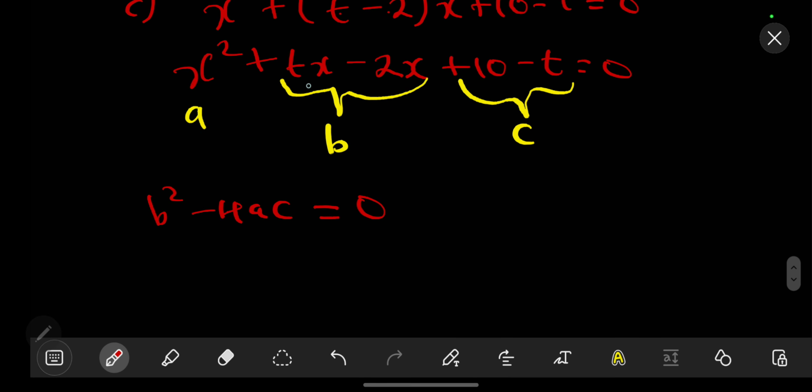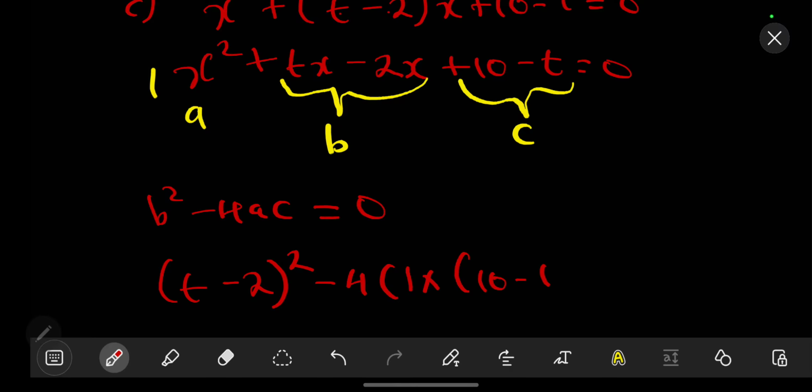Our b is t minus 2 in this case. We square this, then we have minus 4. Our a has a coefficient of 1 there, so we put a 1 times our c, which is 10 minus t, which is equal to 0.